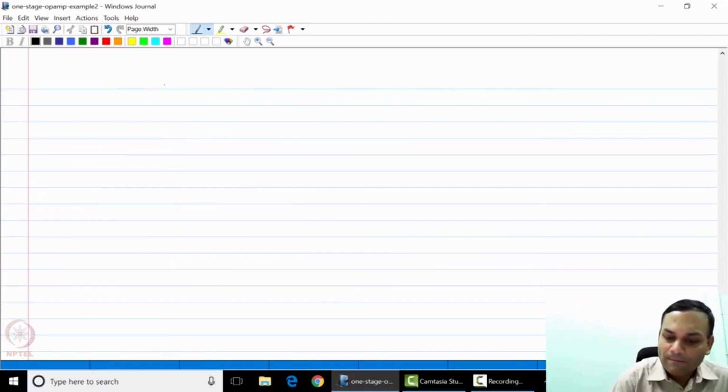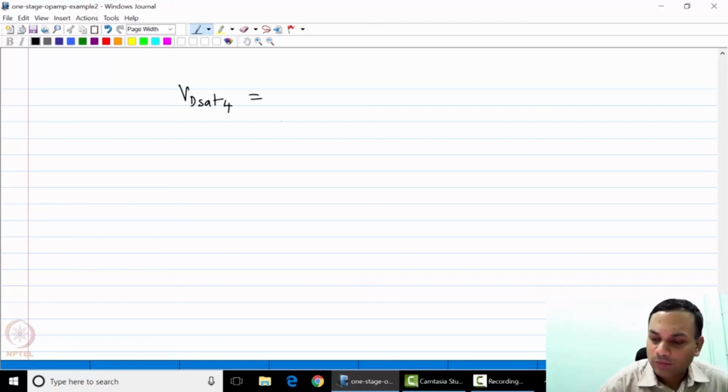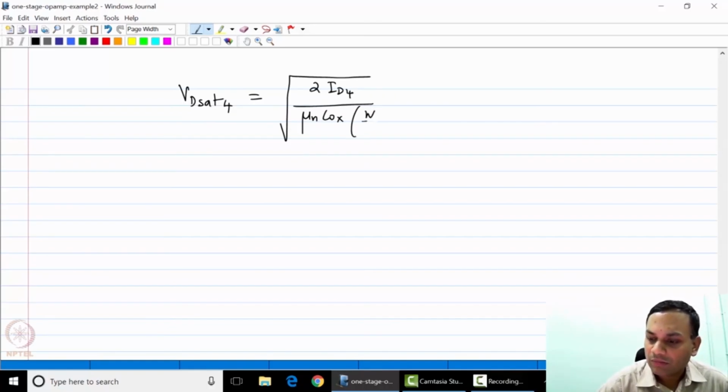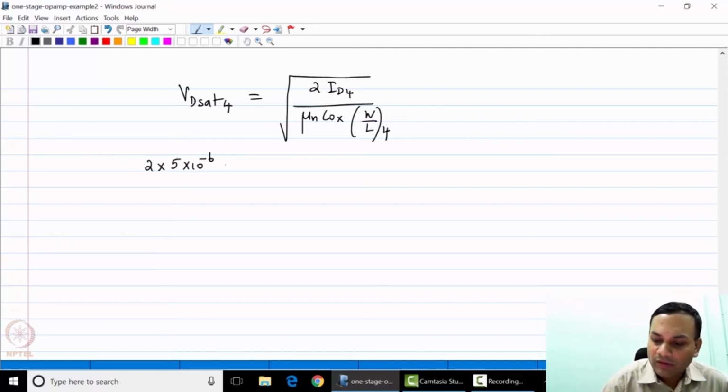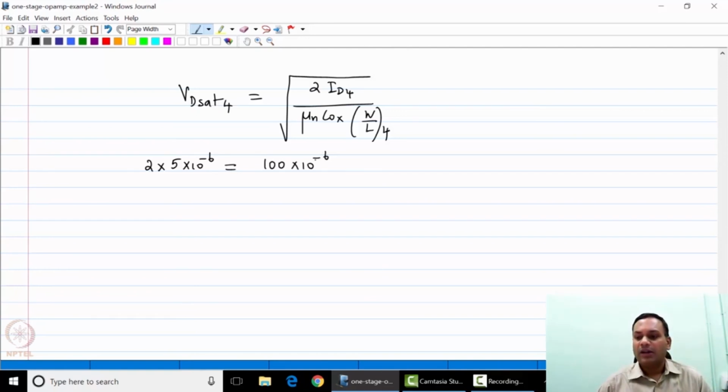So VDSAT4 is simply the square root of 2ID4 over mu n Cox times W over L4, and since this is equal to 1, we will square both sides and point out that 2 times ID4, which is 5 microamps, should be equal to mu n Cox, which is 100 microamps per volt squared, times W over L of 4.